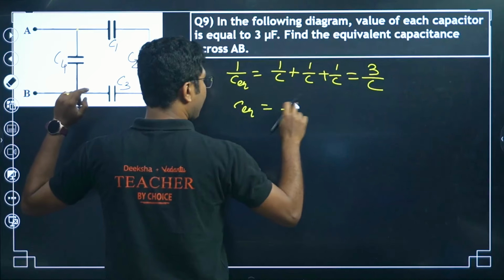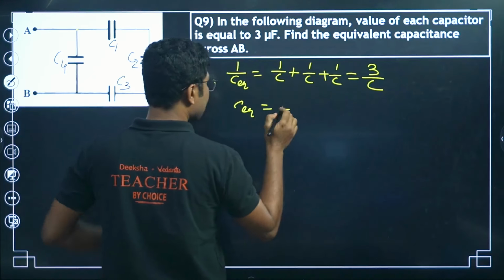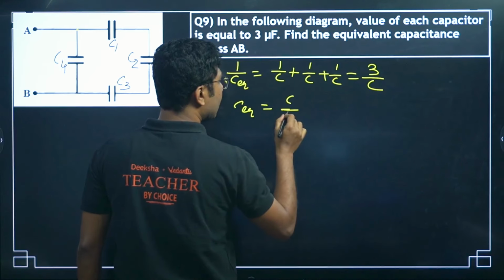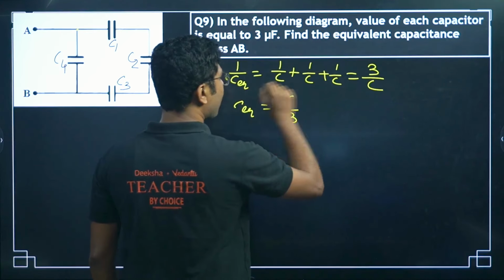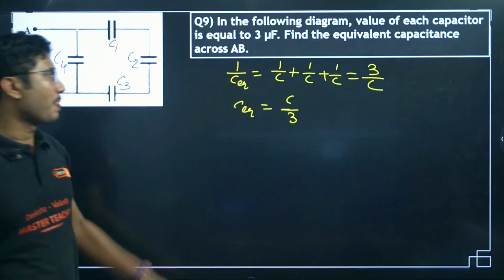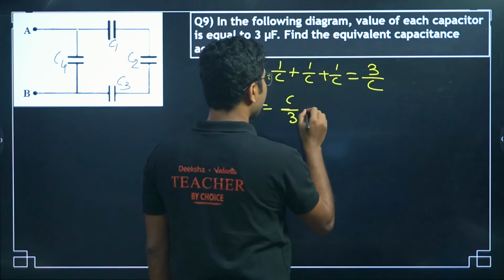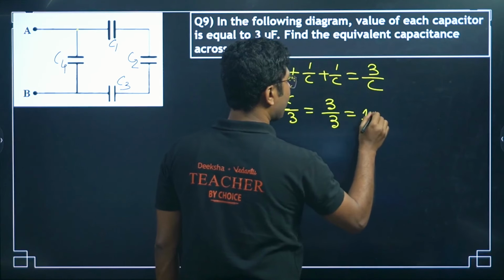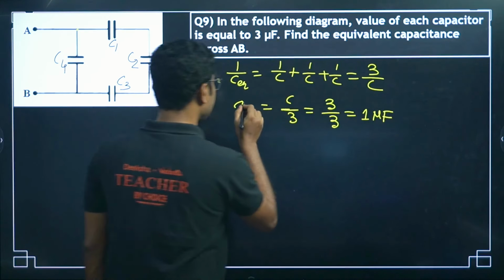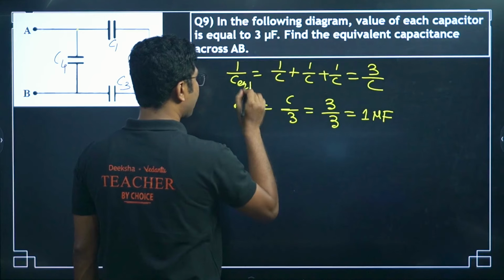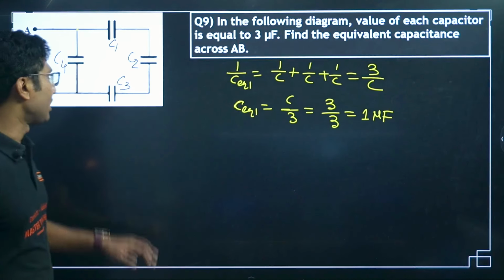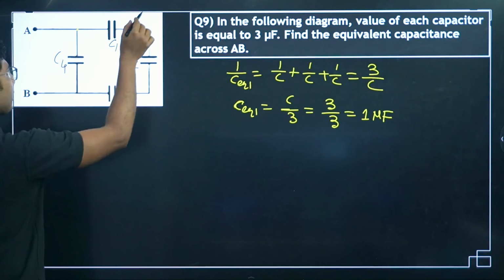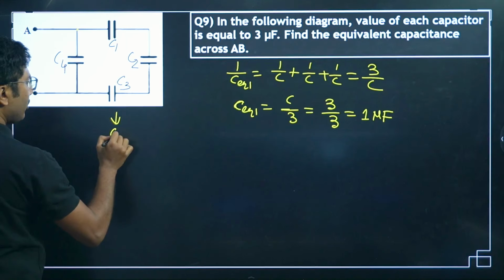Again, one more mistake that students make is they forget to take the inverse here. This is a step where you have to take the inverse. C value is given as 3 microfarad. So, 3 by 3 is equal to 1 microfarad. This is the first equivalent capacitance, so I am mentioning CEQ1. This portion is CEQ1.